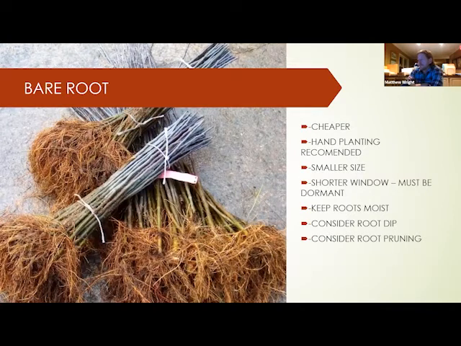When you do plant these, most of the time you're going to be using a dibble bar or something like that in your hand planting, so you're creating a small slit in the ground. And as you can see here, these things have a lot of roots, so you don't want to be stuffing all these roots down in a small hole.